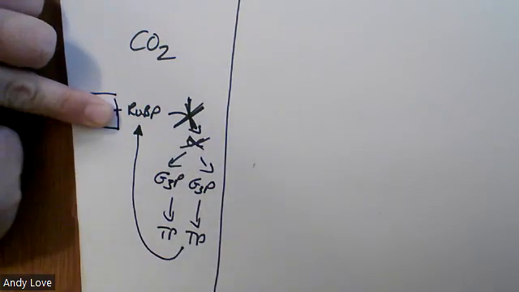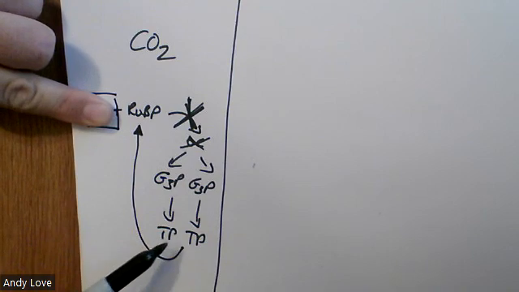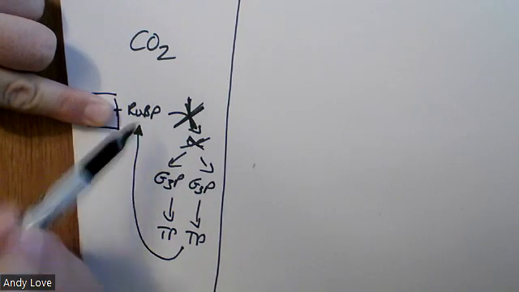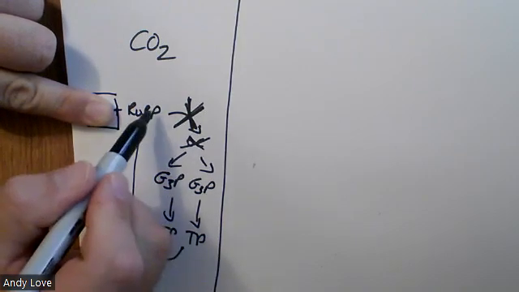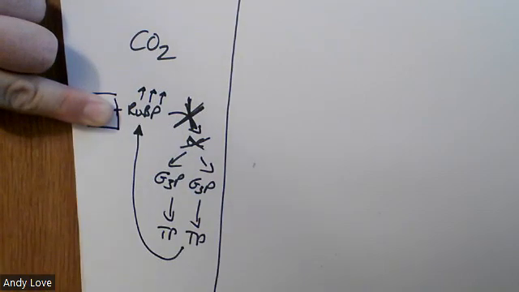Okay, but every other reaction is carrying on. So the G3P is turning into TP, and the TP is regenerating to RUBP. So what's going to happen to the concentration of RUBP if you've got low levels of CO2? Well, it's going to build up.